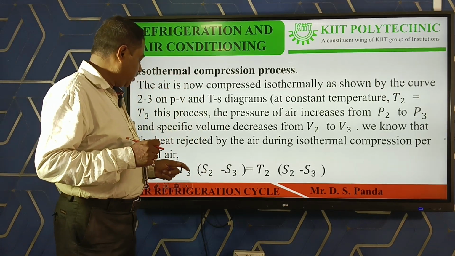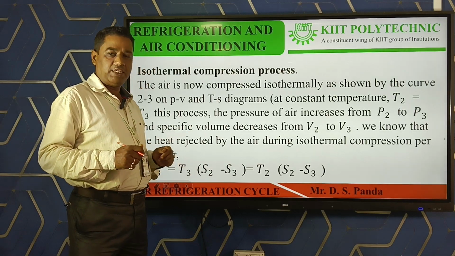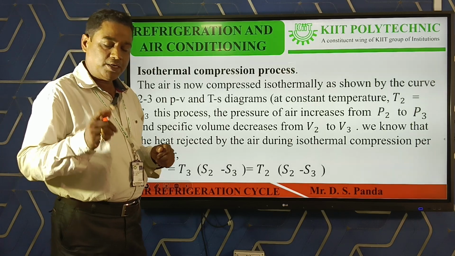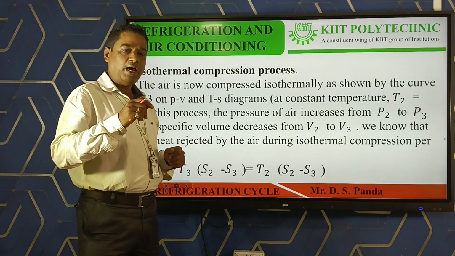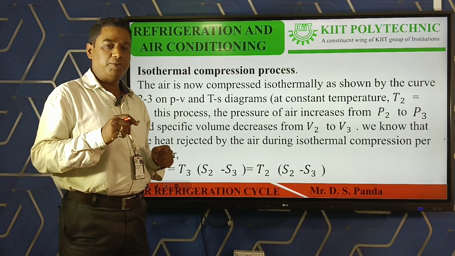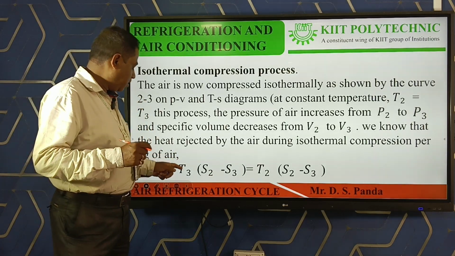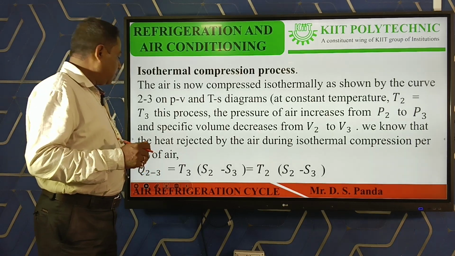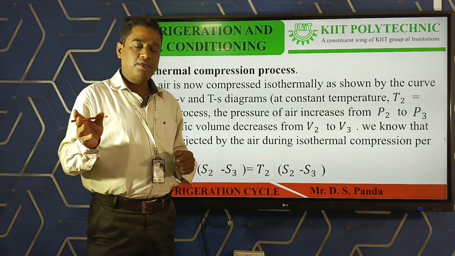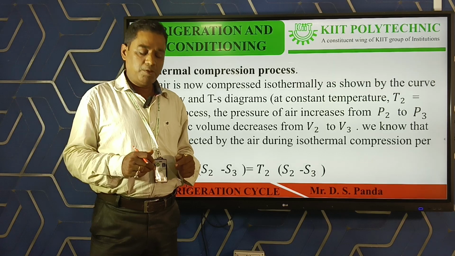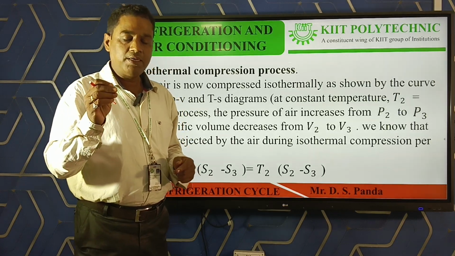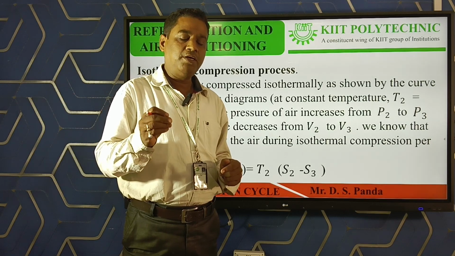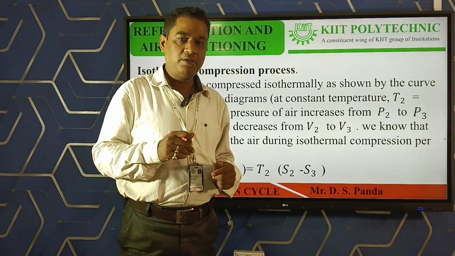The change in entropy is S2 minus S3, where S2 is the higher entropy and S3 is the lower entropy. The difference of entropy into the temperature is the heat rejected through the reverse Carnot cycle. Particularly, the isothermal compression takes place in the condenser.